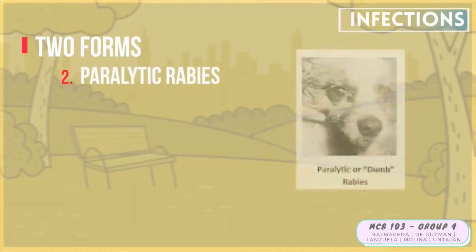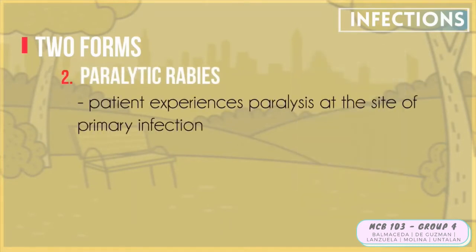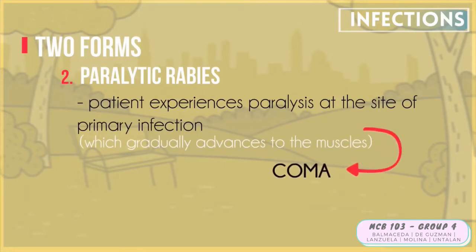Second, paralytic rabies. As the name suggests, the patient experiences paralysis at the site of primary infection, that is, at the site of the bite or scratch, which gradually advances to the muscles. A coma slowly develops and eventually, death takes place.